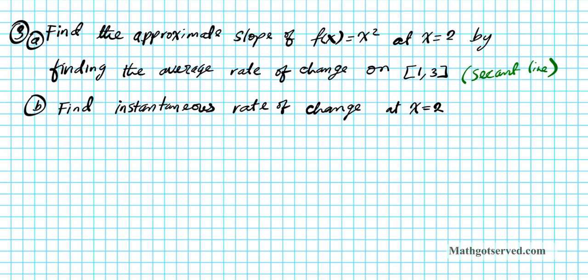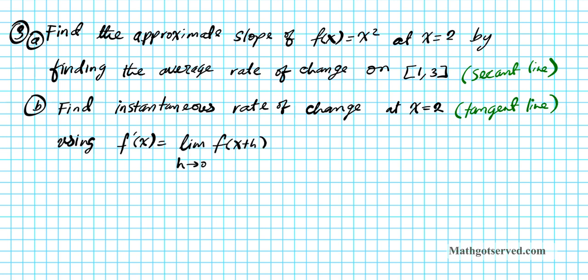In option B, we're going to be looking for a tangent line at that point, since the line is intersecting the curve at only one point. And the expectation is for you to find the instantaneous rate of change using the limit definition: f prime of x equals the limit as h approaches 0 of f of x plus h minus f of x, divided by h.